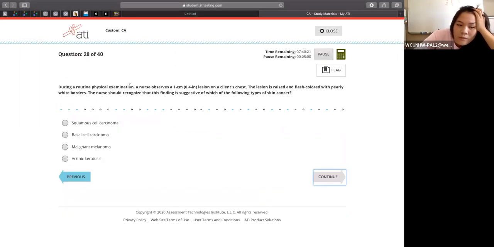During a routine physical exam, a nurse observes a 1 centimeter lesion on the client's chest. The lesion is raised, flesh color with pearly white borders. The nurse should recognize that this finding is suggestive of which of the following types of skin cancer?